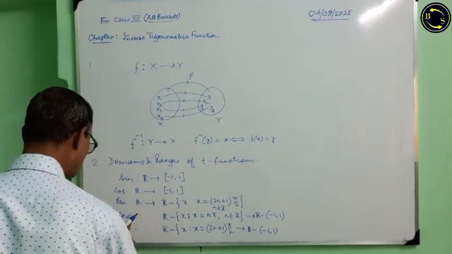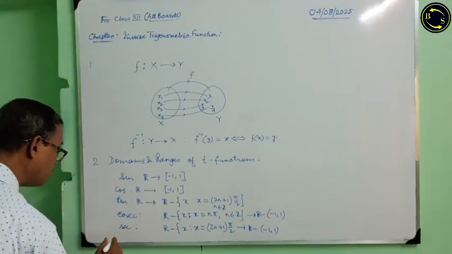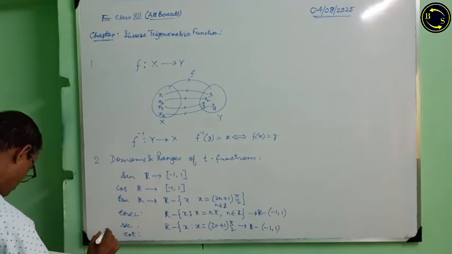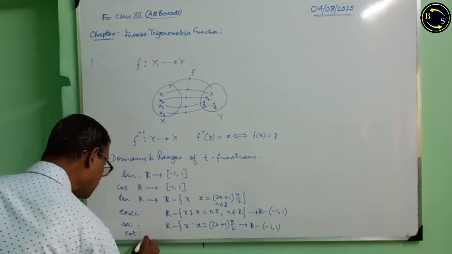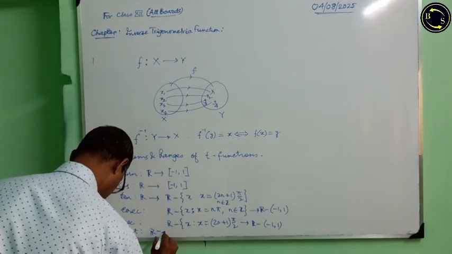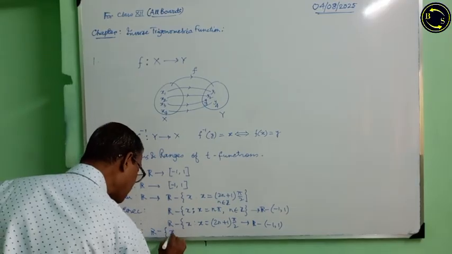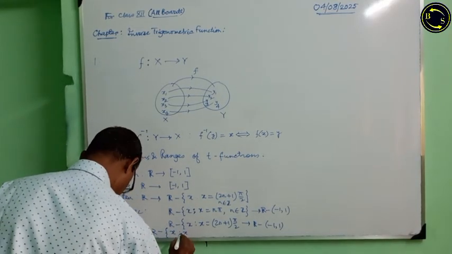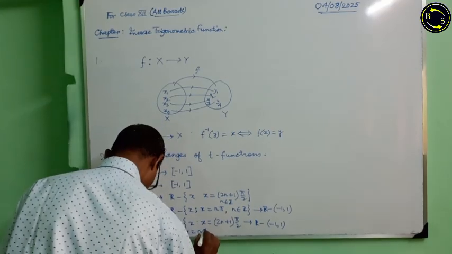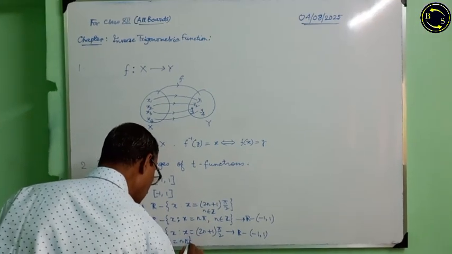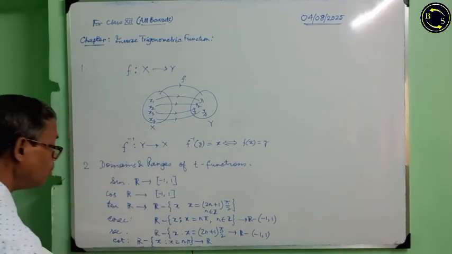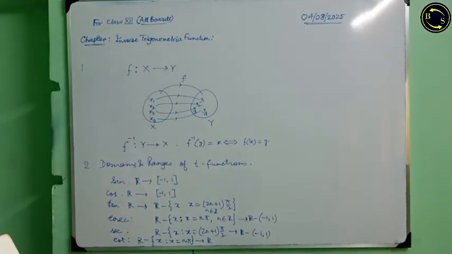Sine, cos, tan, cosec, sec, then we have cot. For cot, domain is R minus x such that x is equal to n pi, to set of reals.